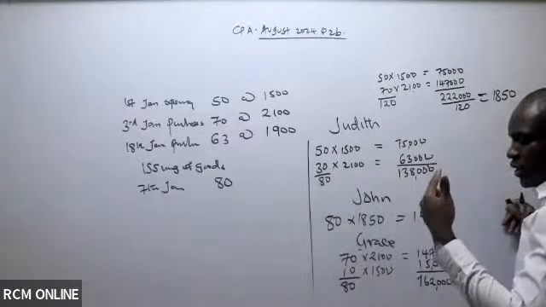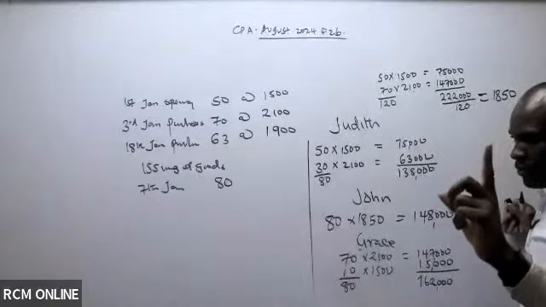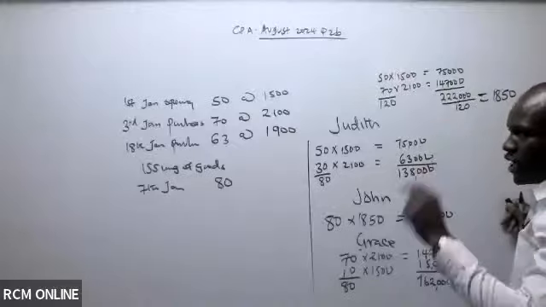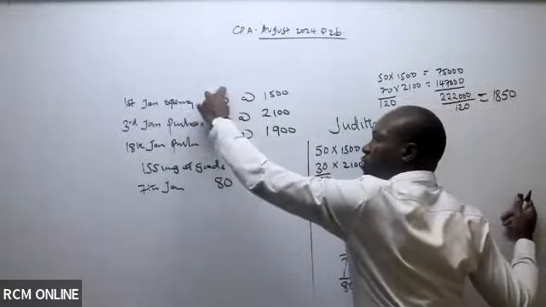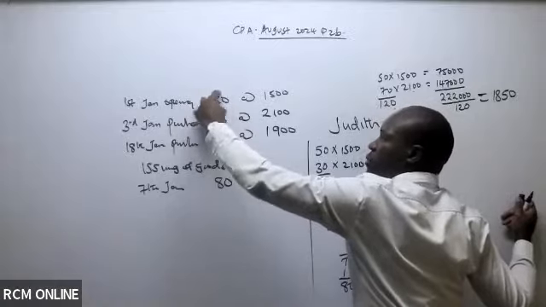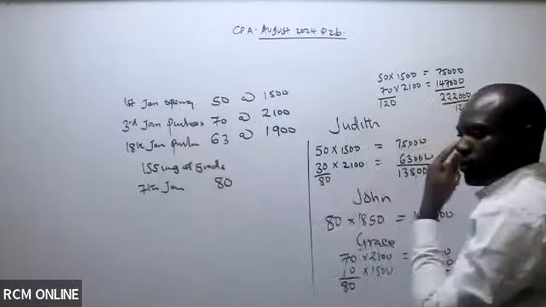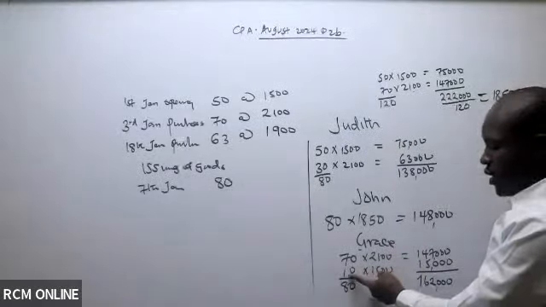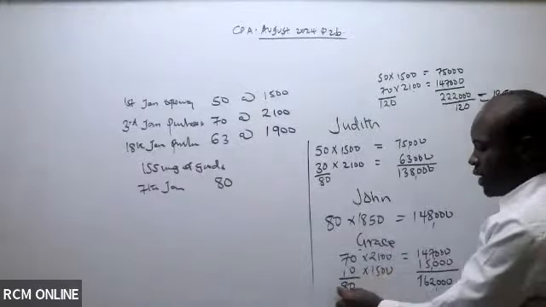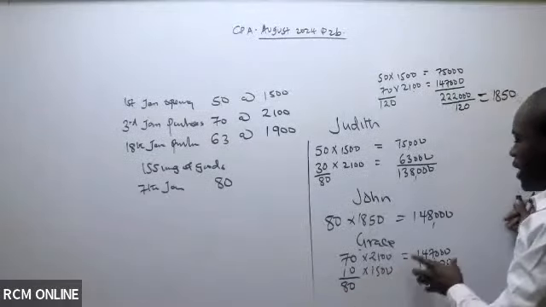Then, because she must sell 80 units, she looked for the 10 units. From which item? From the opening stock. And that's what she did here. So 10 times 1,500, that will give her a total of 80 units, and this is the value.